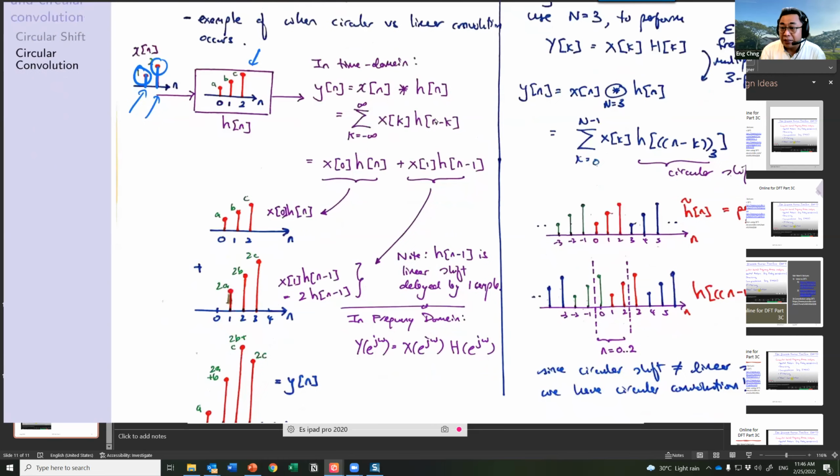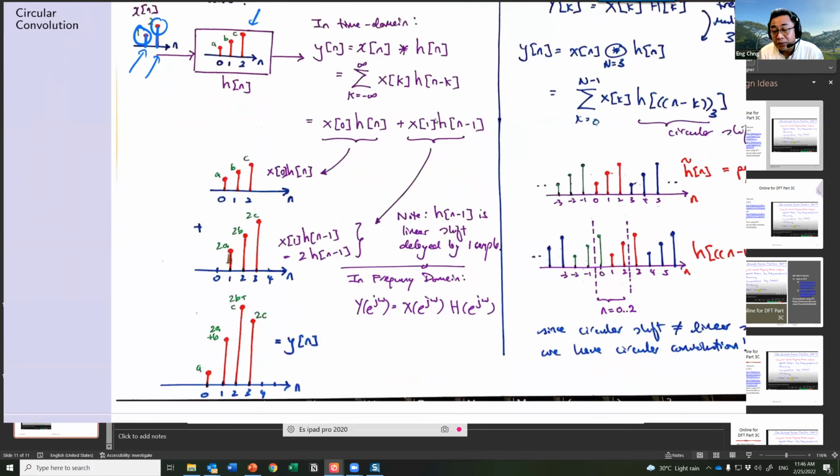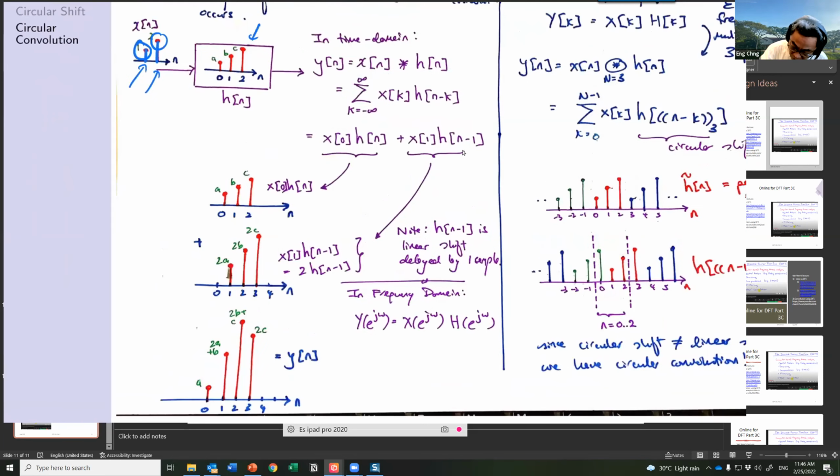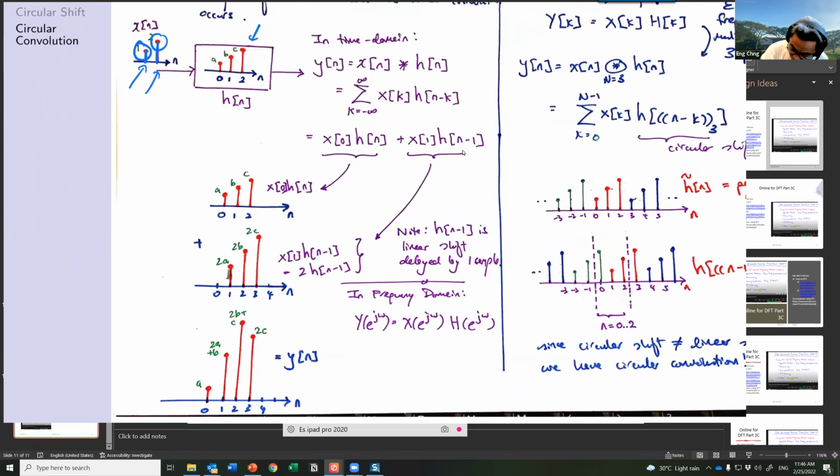If it is a linear convolution, there's no problem. This is 1, which equals x of 0 multiplied by h of n. So we got ABC exactly at this point, not a problem.